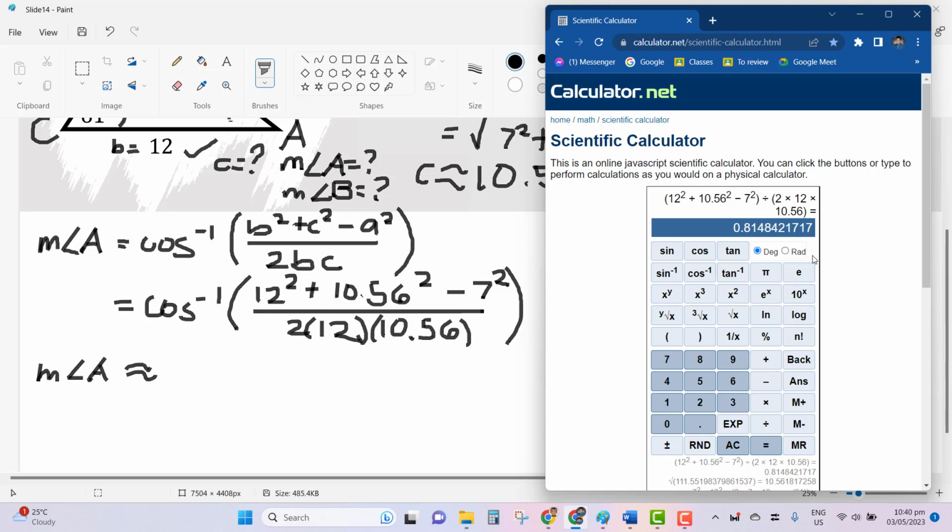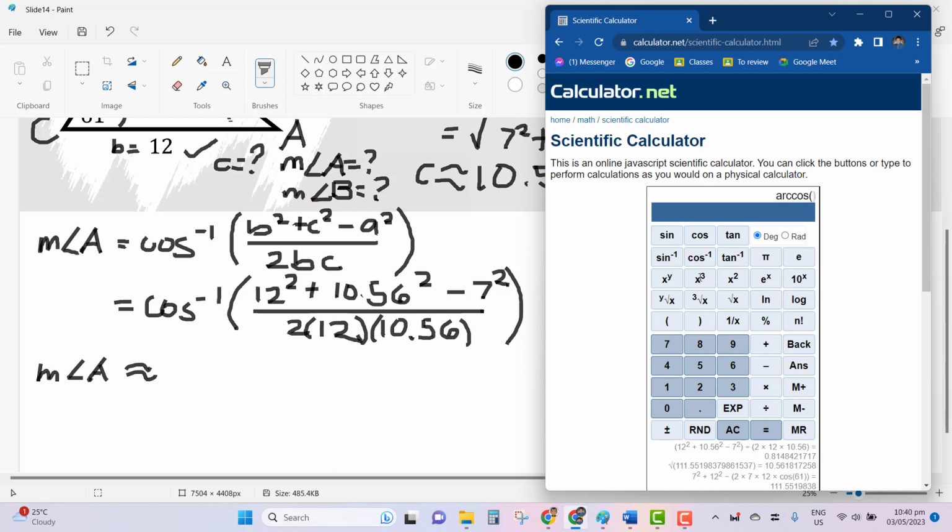This is your result. But we still need to get the result of that when subjected with the cosine inverse. So let's have here our cosine inverse of your answer and push equal sign. You will have this value 35.4282, and so on and so forth.